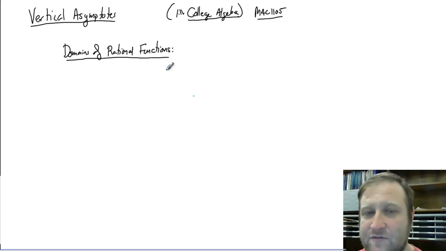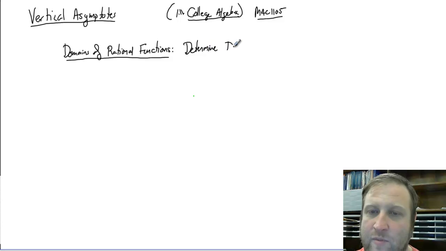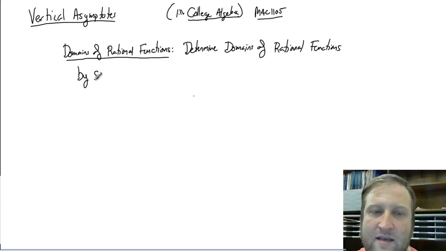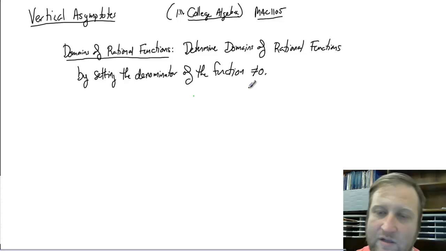So domains of rational functions, we get back to here. We determine domains of rational functions by setting the denominator of the function not equal to 0.